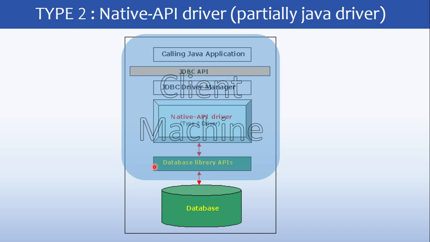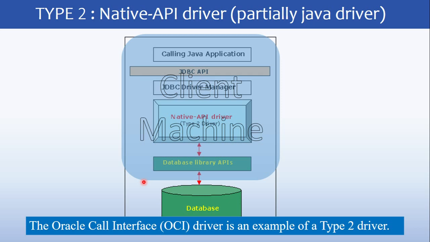All these components have to be on your client machine, and the database may be on your client machine, or it may be at a remote place. That doesn't matter. An example of a type 2 driver is Oracle Call Interface, a driver from Oracle which is of the type 2 category. That is OCI, Oracle Call Interface.